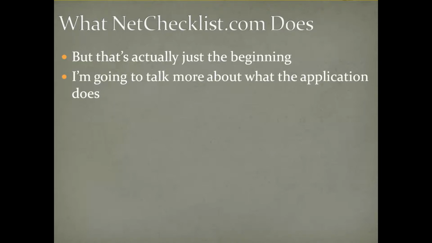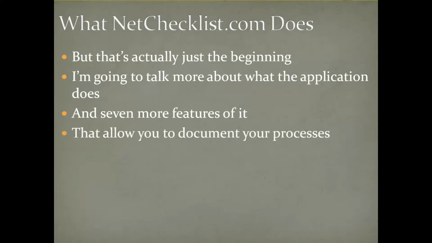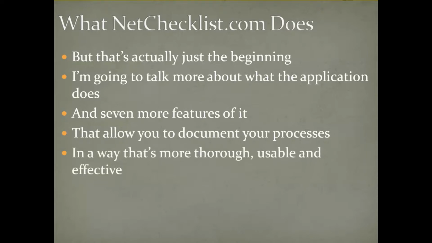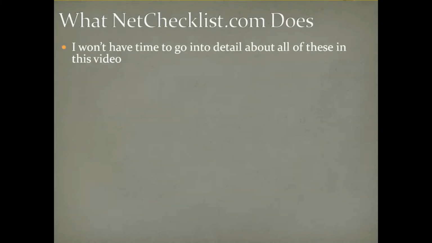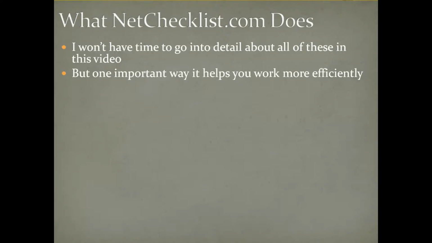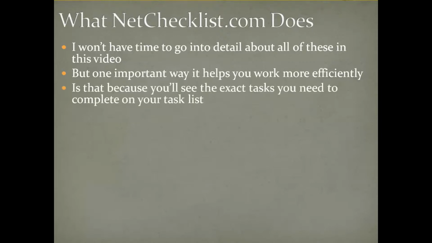In this video, I'm going to talk more about what the application does and 7 more features of it that allow you to document your processes in a way that's more thorough, usable, and effective. The application also helps you and your team work more efficiently in at least 8 different ways. I don't have time to go into detail about all of these in this video, but one important way that it does help you work more efficiently is that with the application, each of you will see the exact tasks you need to complete on your task list.